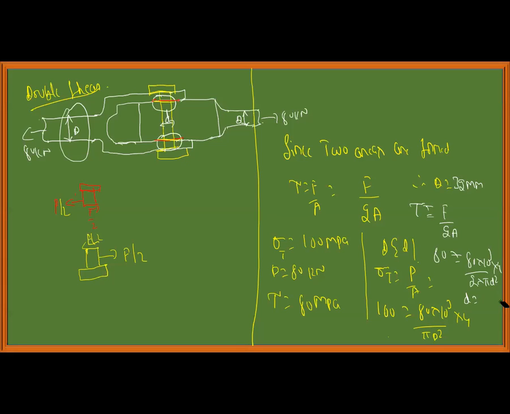Okay. Tau, which is equal to 80 MPa, 80 is equal to 80 into 10 power 3 by 2 into pi into d square by 4.